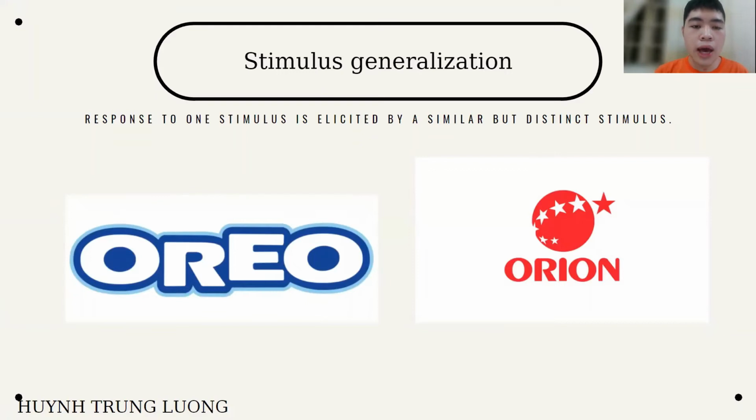Personally, I love Oreo, and once I tried the original flavor of Oreo and enjoyed it, I will assume that the upcoming flavor or product of Oreo will be good and will adopt a tendency to buy it. The same thing happens with a variety of brands like Orion or Nike, Adidas as well.